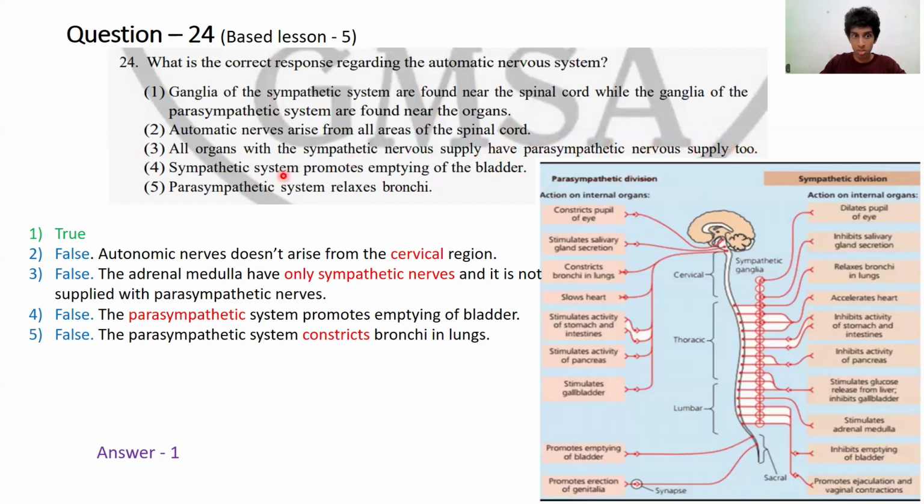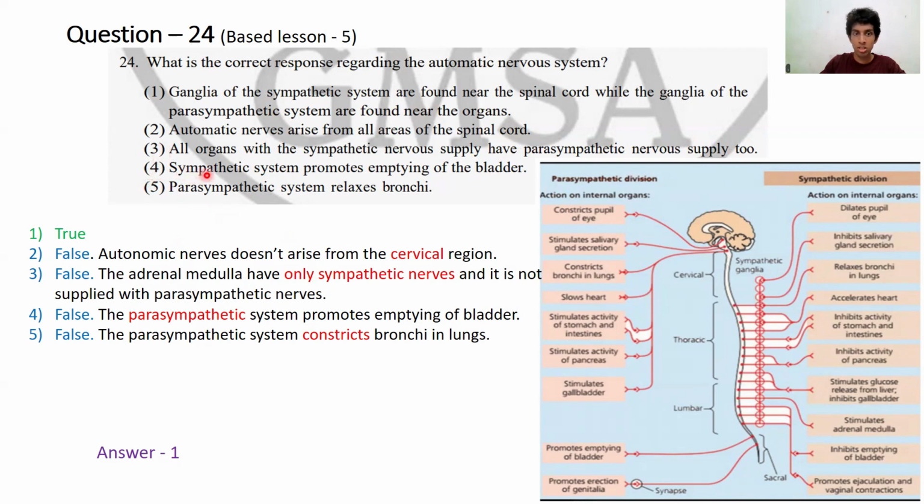That is false because the adrenal medulla has only sympathetic nerves and is not supplied with parasympathetic nerves. During stress conditions or the fight or flight reaction, the sympathetic nervous system is stimulated and therefore the adrenal medulla releases adrenaline. But the adrenal medulla is not supplied with parasympathetic nerves. So the third statement is wrong.